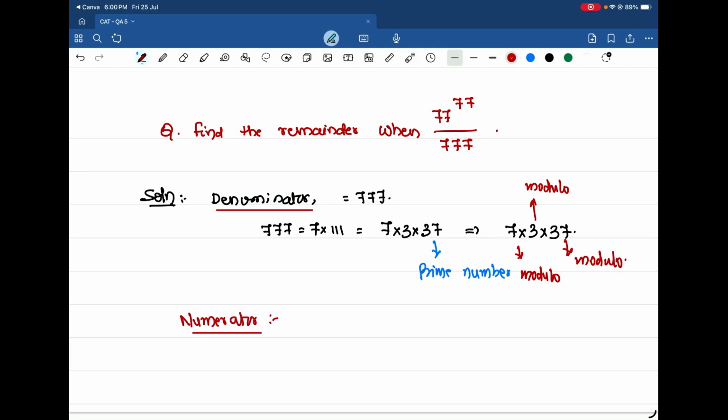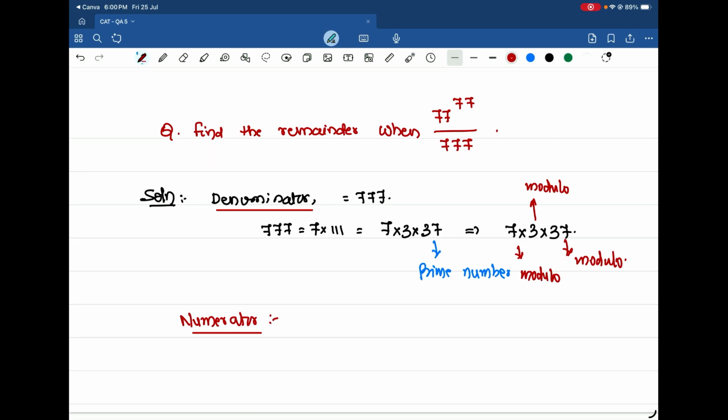Analyzing numerator and denominator, because these are all huge numbers, not single digit or double digit numbers. They are powers to the double digit, 77 to the power of 77. Here it is 777. The denominator 777 is factorized and we kept it aside. It has 3, 7 and 37 as factors.